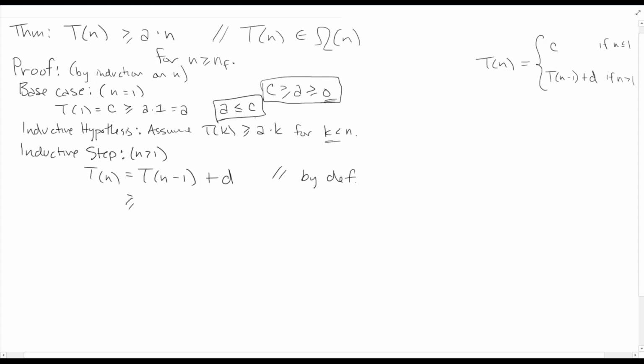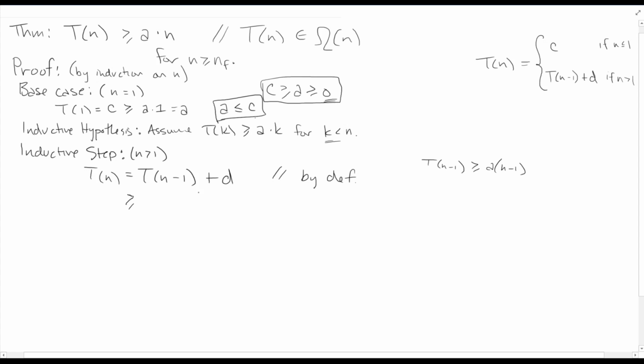Okay, the next step, we're going to be conducting an approximation using our inductive hypothesis. We want to again do our double substitution. We're going to take our N minus 1 and plug it in for K. And if you need to, on some scratch on the side, write down what this means. That means T of N minus 1 must be greater than or equal to A times N minus 1.